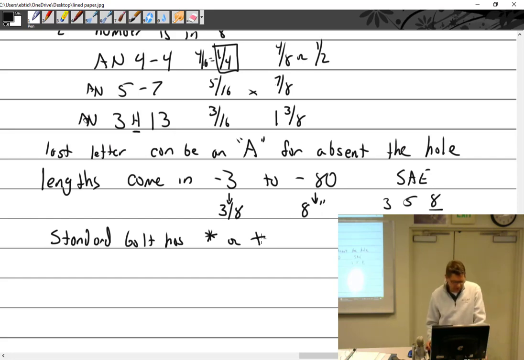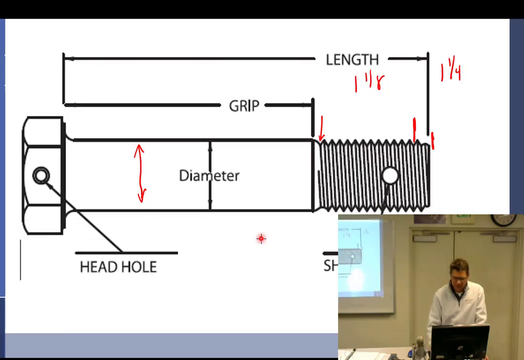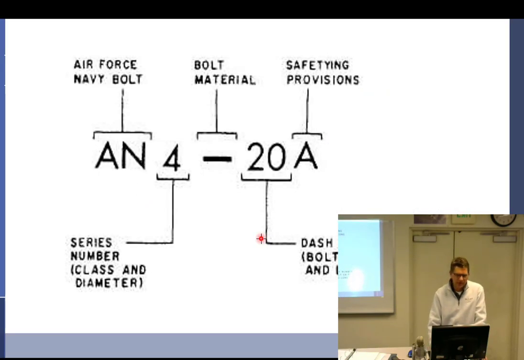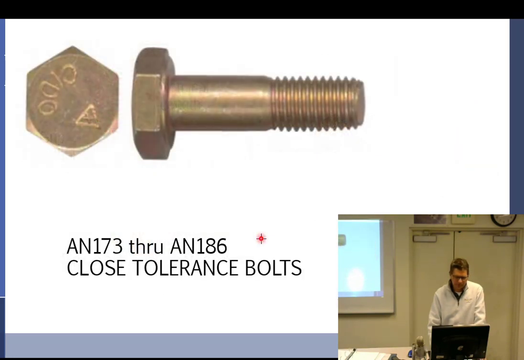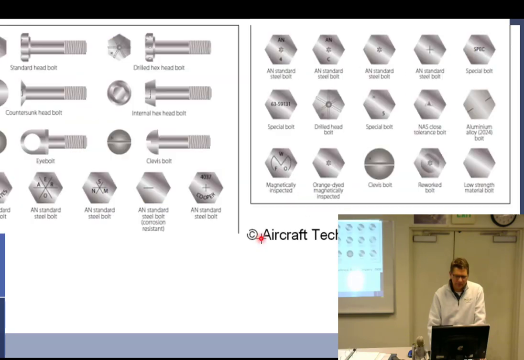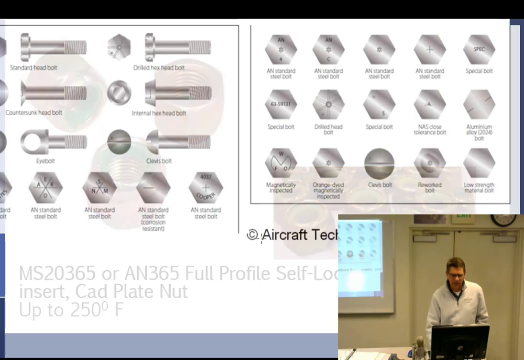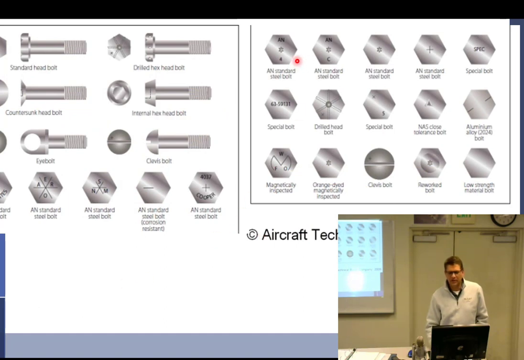So the bolt heads are marked with stuff. See if I can find that. Oh, there we go. Nominal length, grip. There we go, head markings. I think I have one other slide. No. Okay, so this is in your books. You should be able to look at this.